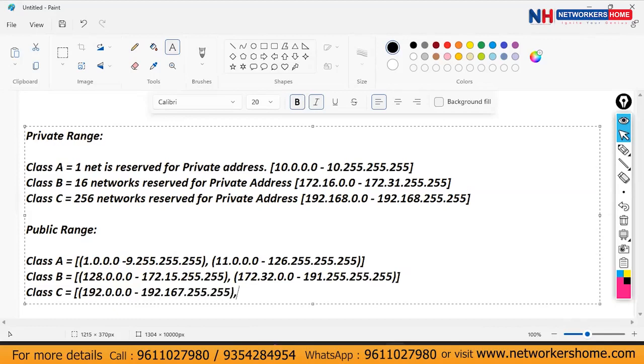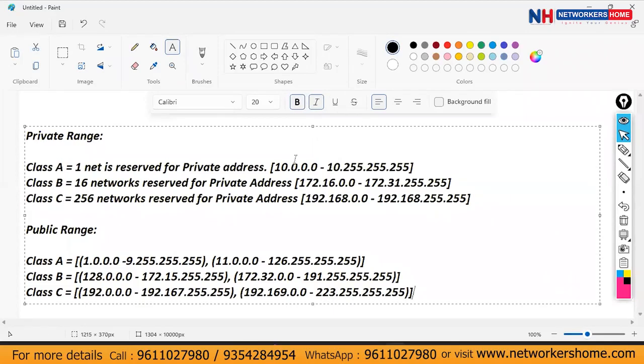Then 192.168.0.0 till 192.168.255.255 is reserved for private. Next will be 192.169.0.0 till the end, 223.255.255.255. This is your public range for class C.